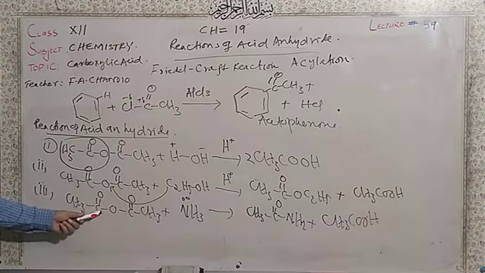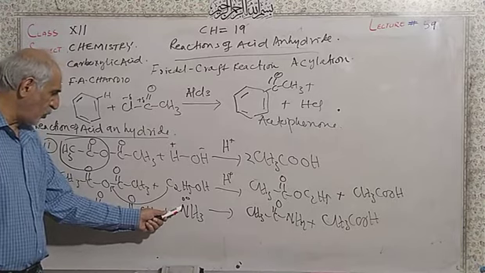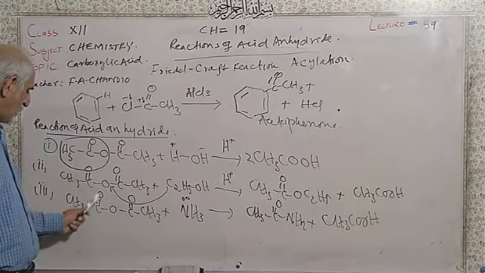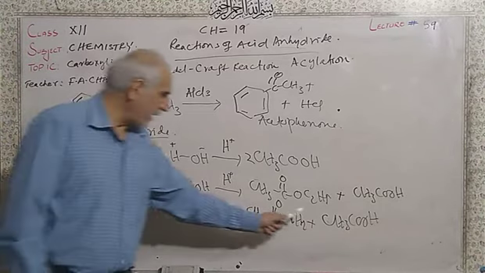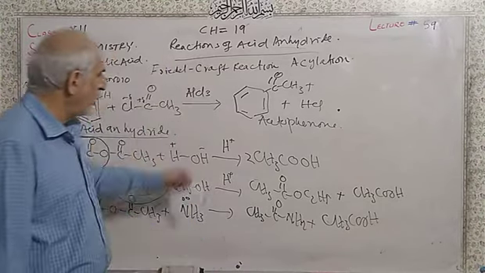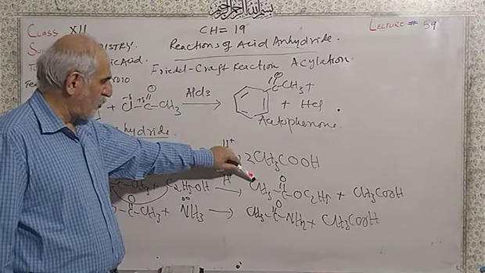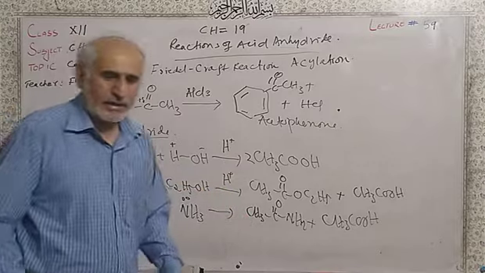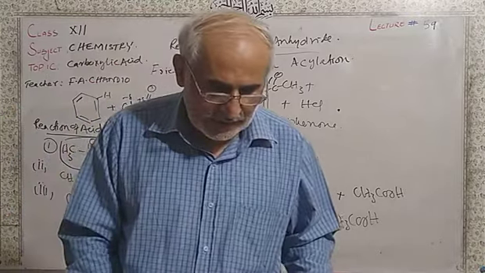Again, acid anhydride reaction with amine. One hydrogen is going to be removed from here, and this is CH3CO. And here the amine group, and again you will get the carboxylic acid. So in this case, two molecules of carboxylic acid. In this case, you will get ester. In this case, you will get amides. So these are the reactions of acid anhydrides.